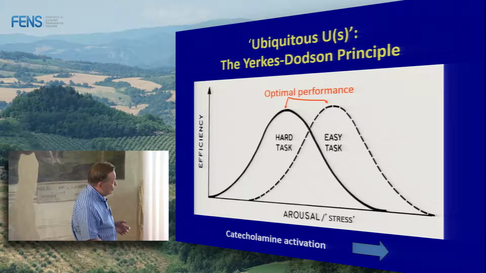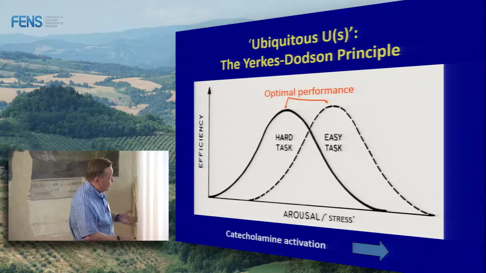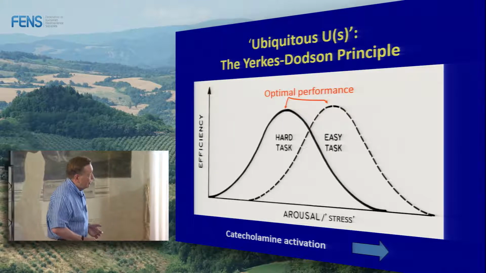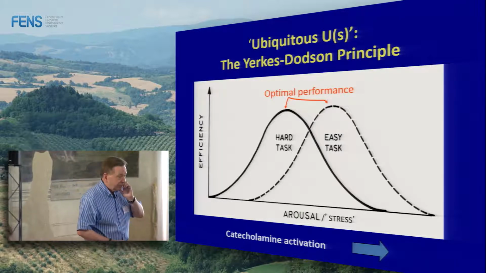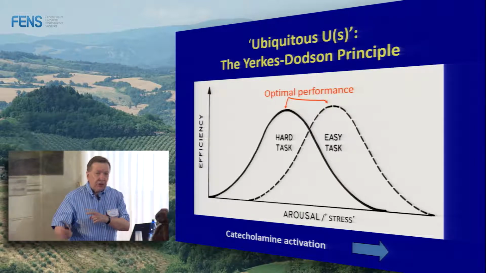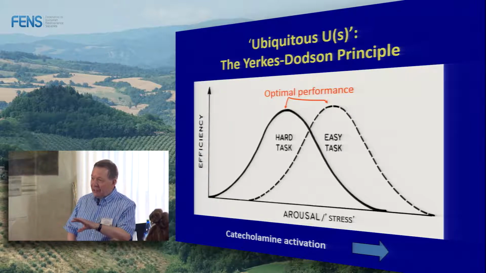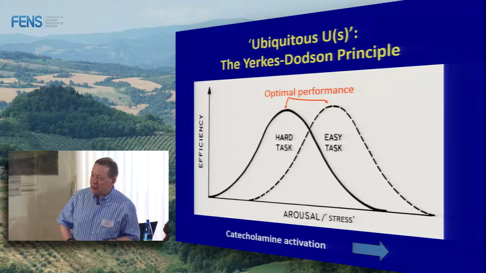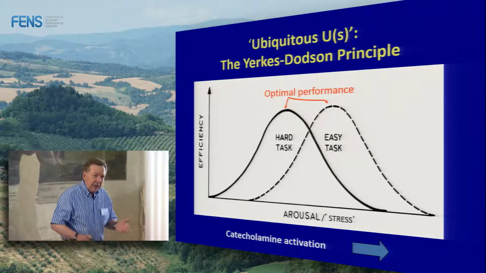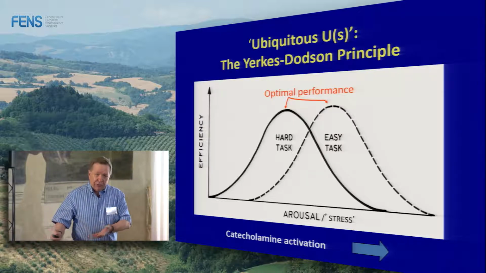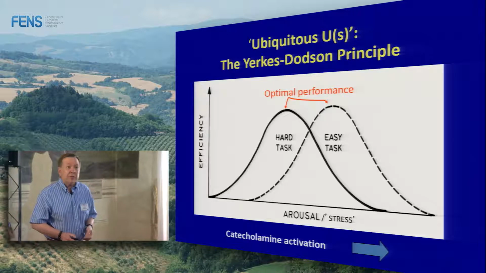And so noradrenaline and other neuromodulators will modulate this U-shaped curve, which may also change as a function of how difficult the task is. Now, Roshan Cools is going to give you a modern interpretation of this and show you that this old idea is probably in need of modification, but it is a recurrent theme in this area. Too much activity is bad for you, too little is bad for you. There is an optimum. How do you get that optimum?